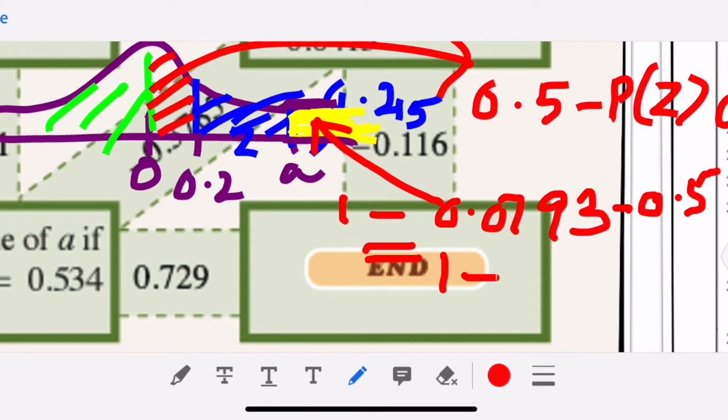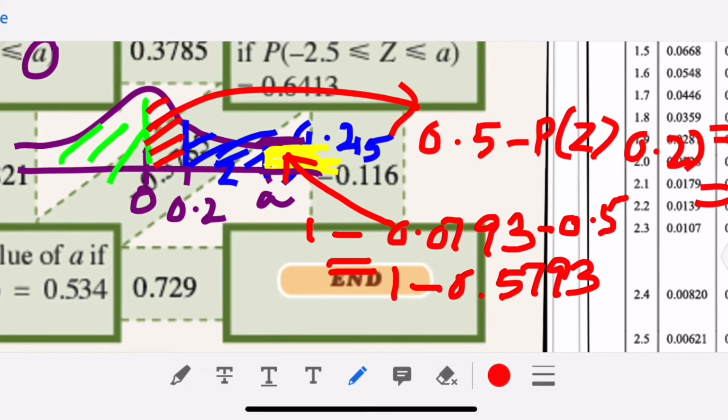So it's 1 minus 0.5793. Okay, so 1 minus 0.5793, we will get the area which is 0.4207, right? 0.4207.